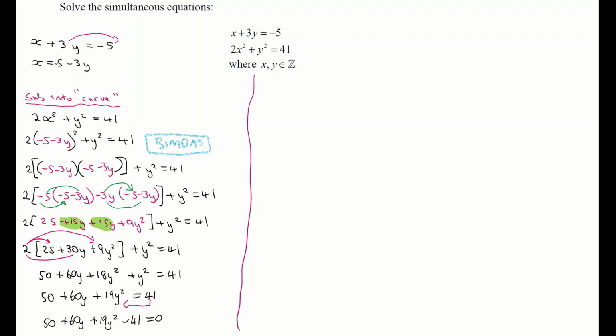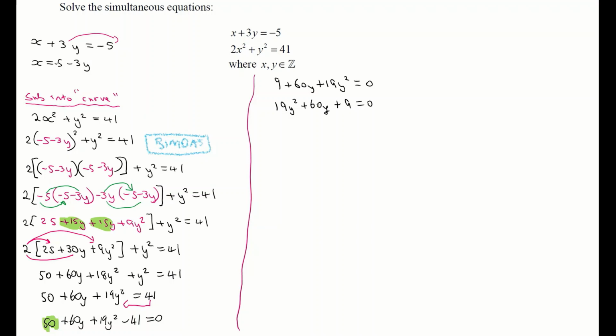So 50 minus 41 is positive 9. So that's giving me 9 plus 60y plus 19y squared is equal to 0. I'm going to just put that in order of the highest power first. So that's giving me 19y squared plus 60y, and we always finish with the constant, which is my plus 9, is equal to 0.